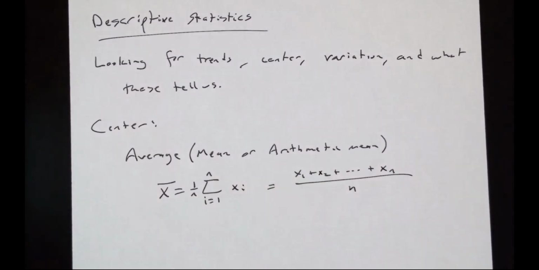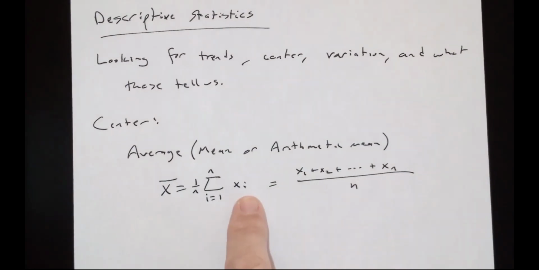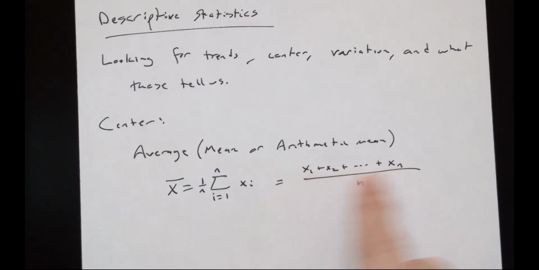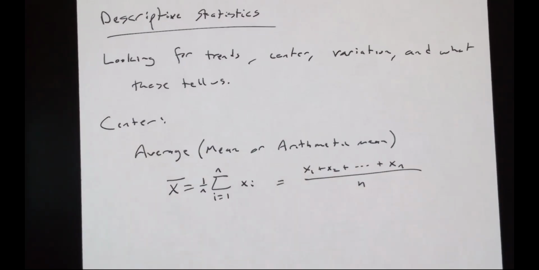The capital Greek letter sigma means to add up. I really want to think of that like a piece of computer code. We've got a little counter for our data, an index i. Index starts at 1, goes to n. So the first number, the second number, the third number, dot, dot, dot, up to the last number. I just add them all up, multiply by 1 over n, the same as dividing by n in the whole thing.